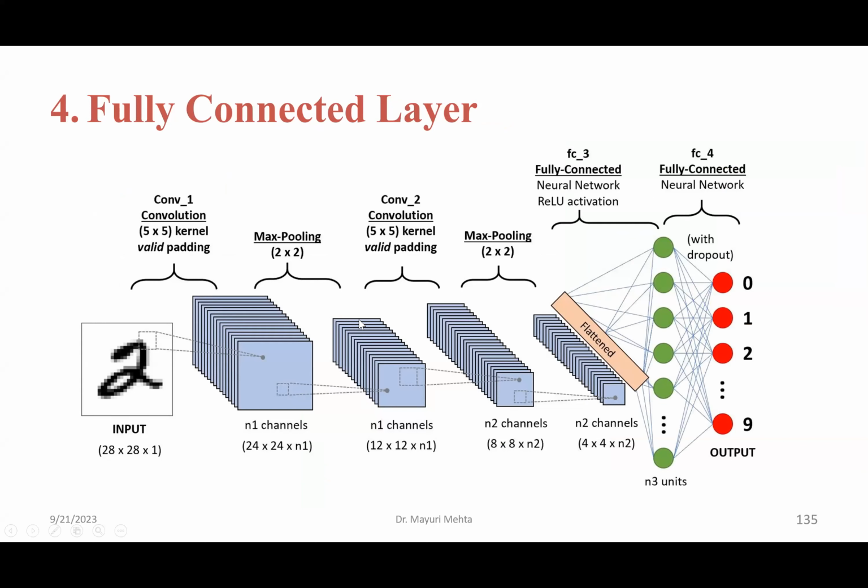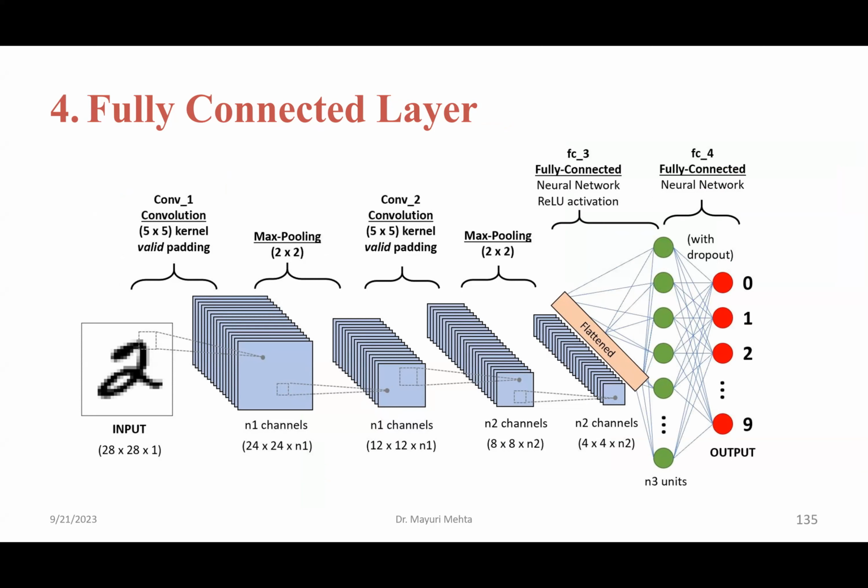Okay, so we discussed that here you have several blocks of convolution plus pooling layer. This is the first block where you have one convolutional layer and max pooling layer. Then you have the next block where you have another convolutional layer and pooling layer, and so on. Once you have a certain number of these blocks, you have one fully connected layer in the convolutional neural network.